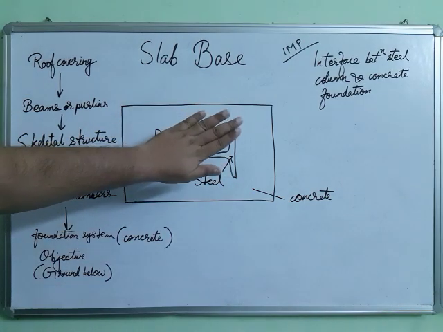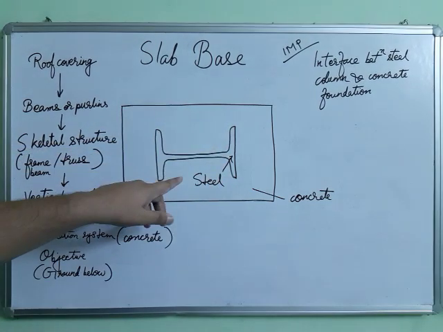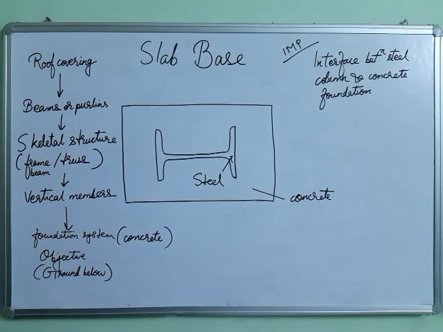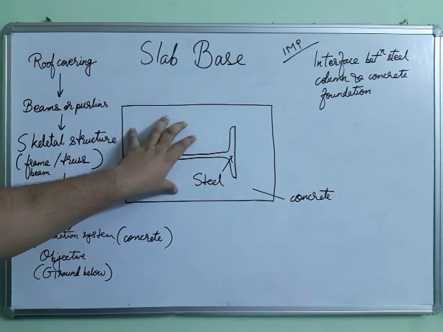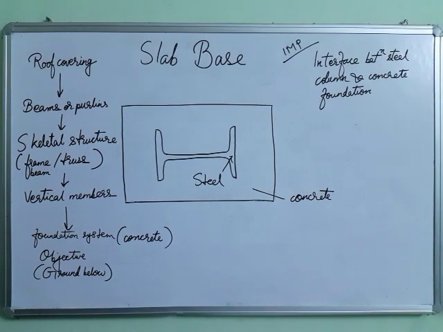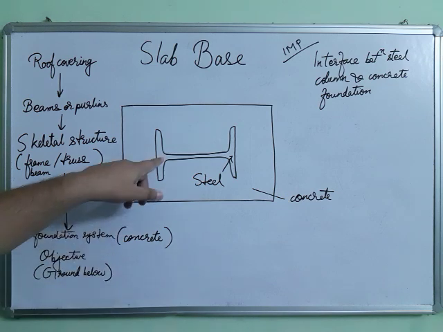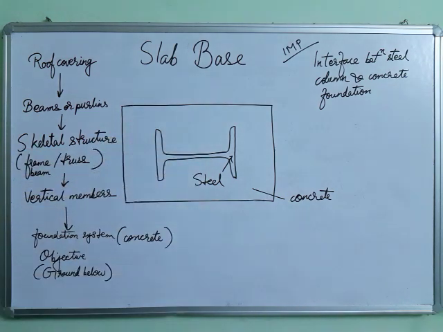This is the top view. Column is made of steel and the foundation is made of concrete. Now if we connect the steel column directly on the concrete foundation, the whole thing can punch through. The whole column can punch through the concrete.